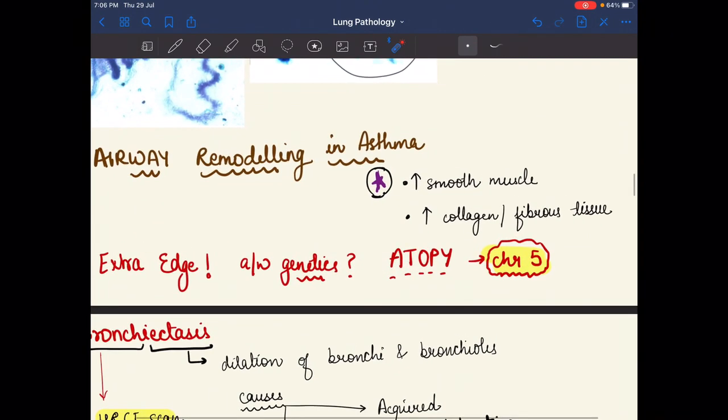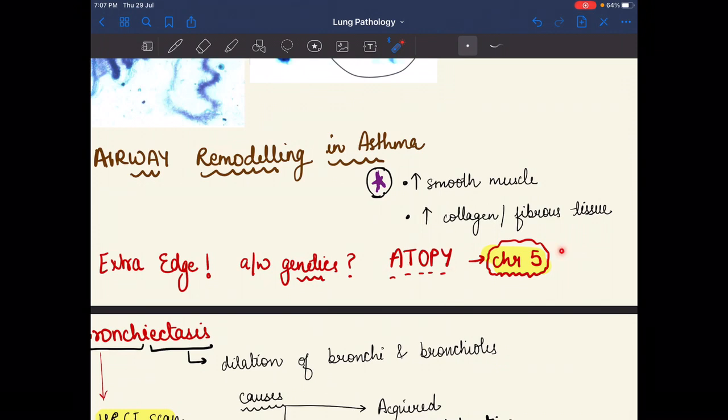Now the airway remodeling in asthma: there is an increase in smooth muscle and an increase in collagen or fibrous tissue. It is also associated with genetics, and that genetic factor is atopy, because in atopy a family pattern is followed, like the mother has the same problem with particular pollen grains and her child also has that problem.